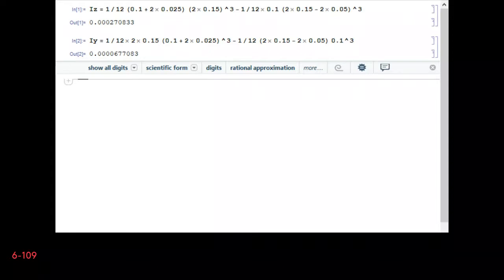Now we have found the bending moment of inertia in both axes. So we are asked for the maximum stress.